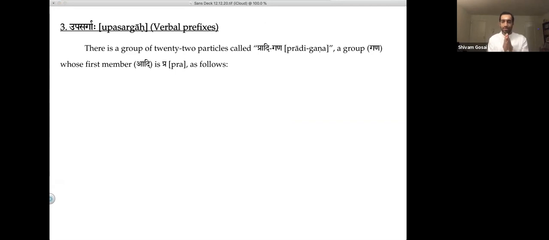Now there's a group of 22 little particles, what we call pradigana. Pradigana. Okay. Now, it's called pradigana.